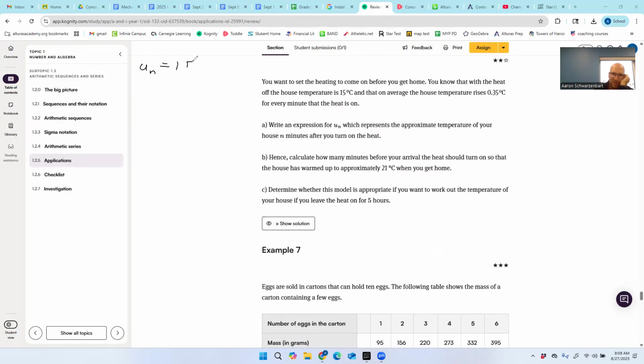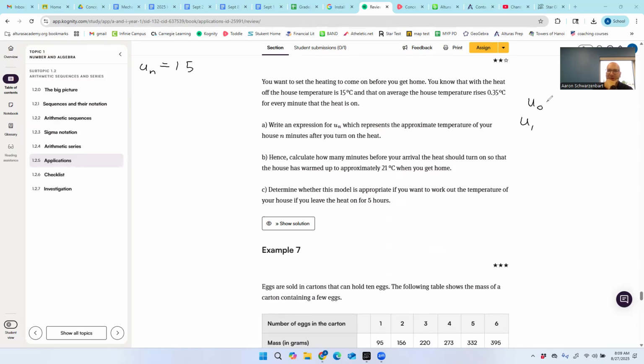So this is a case where it starts at 15, okay? But after a minute, it is not 15 anymore. It goes up by 0.35. 15 is more like a U sub 0 term. So sometimes your sequence starts at the first term, sometimes it effectively starts at 0, or time 0.